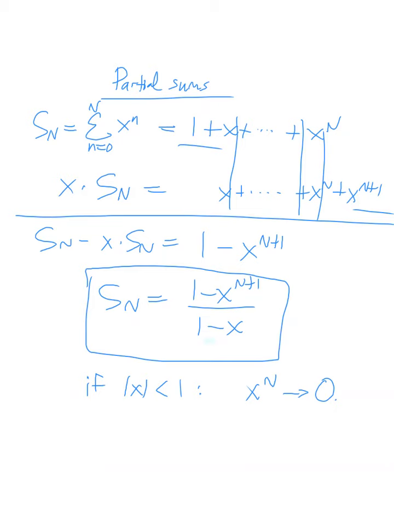Because there's a singularity. You're dividing by 0. So there's obviously an issue there. But if it's greater than 1, then you can see clearly that this term here will actually blow up on you as n goes to infinity. So this is another way to understand the geometric series in terms of partial sums.